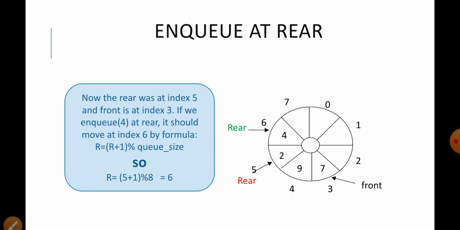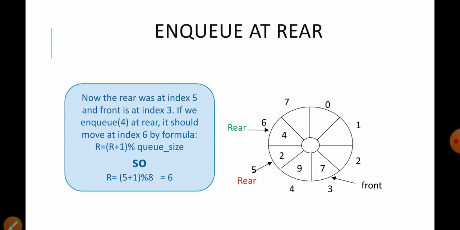Consider the example of implementation of a double-ended queue by a circular queue. In this example, the rear was at index 5 and the value at index 5 is 2. If we enqueue a new value in the double-ended queue at the rear index, we will apply the formula rear is equal to rear plus 1 mod queue size.